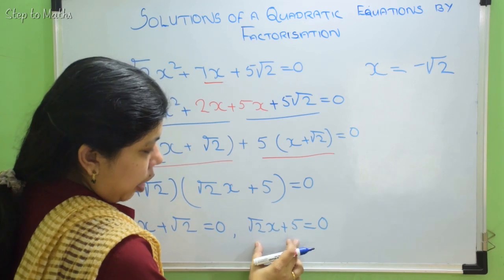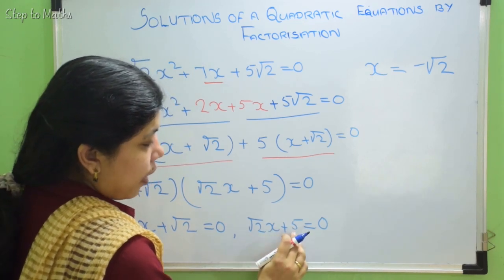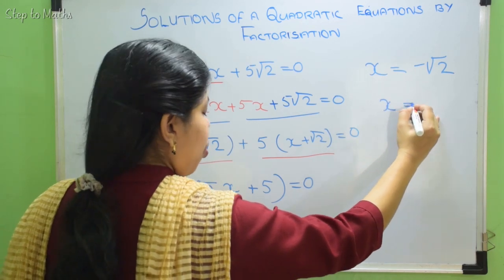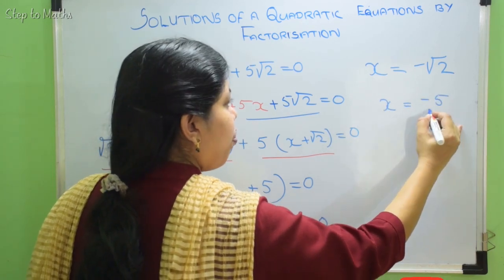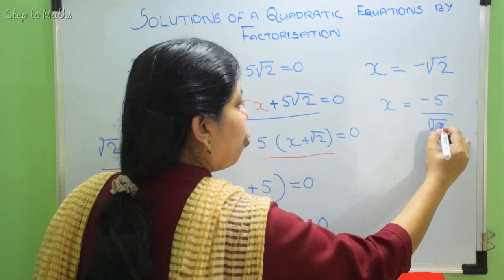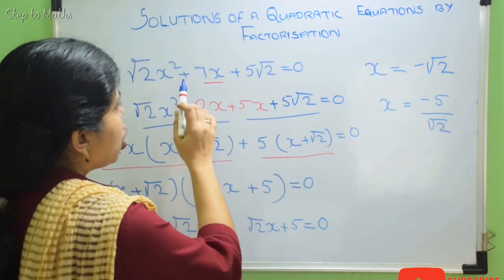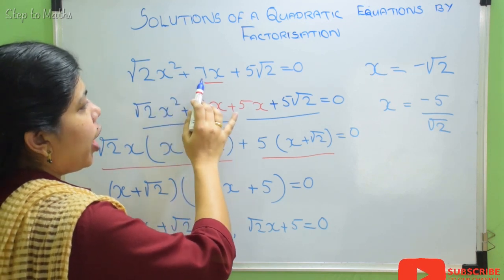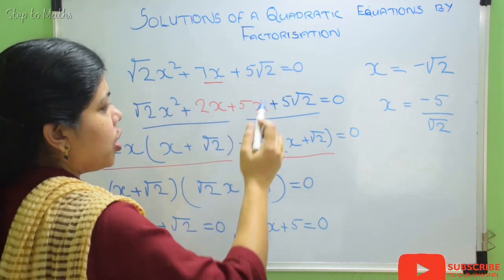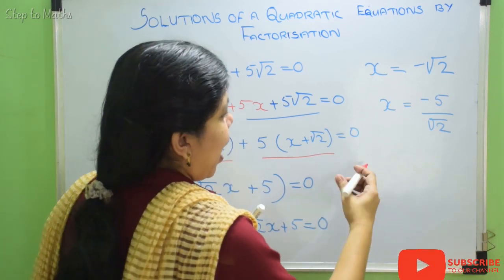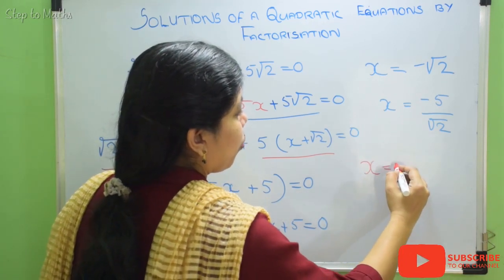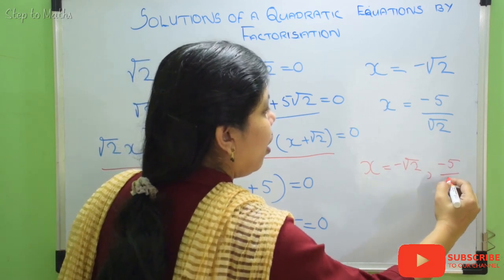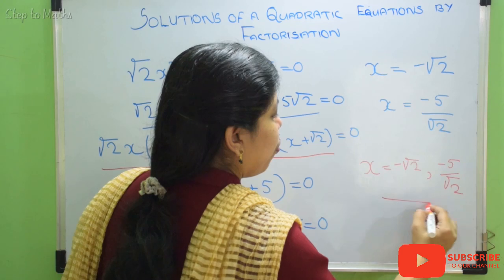Then the second term, root 2 x plus 5 is equal to 0, implies x is equal to minus 5 upon root 2. So the solution of the given quadratic equation root 2 x square plus 7x plus 5 root 2 is equal to 0 is x is equal to minus root 2 and minus 5 by root 2.